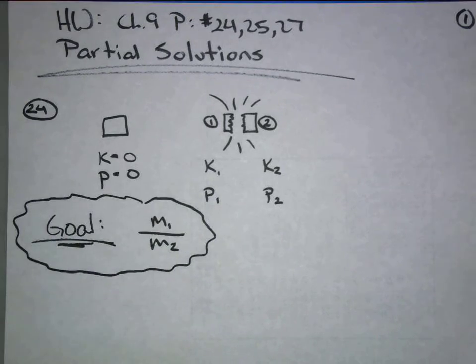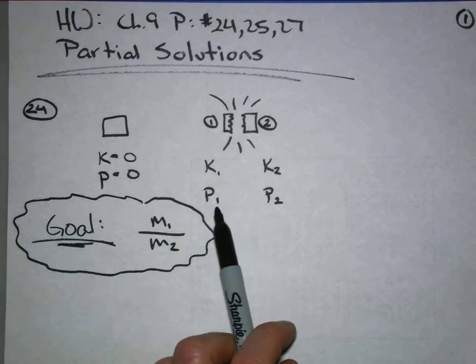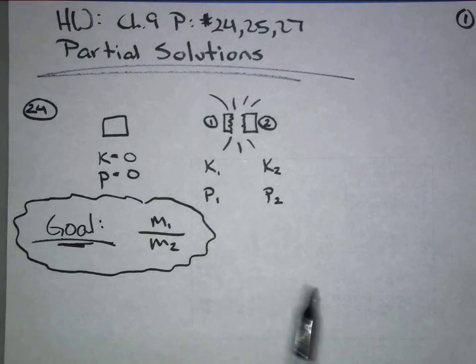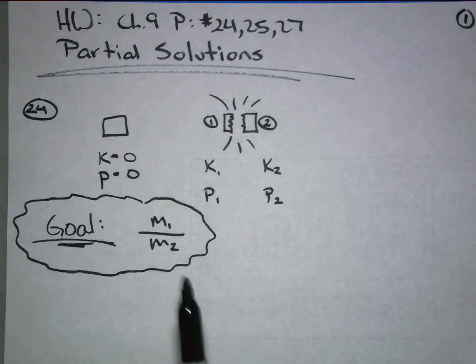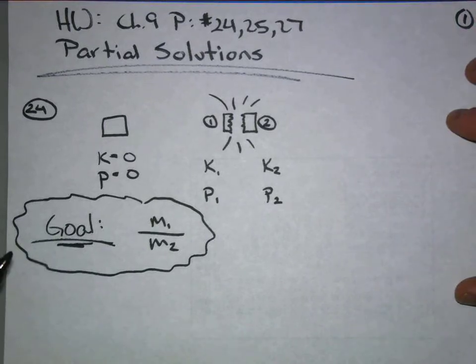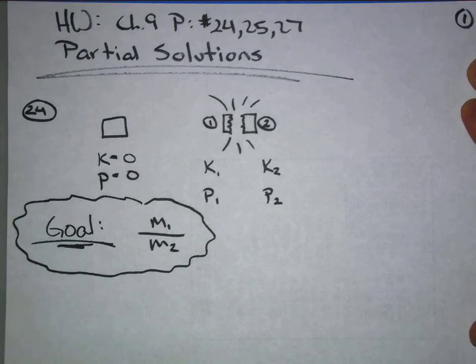That's what we're shooting for. I recognize that mass is involved in the calculation for the momentum of an object and also for the kinetic energy of an object. Velocity is also involved in both of those values, but the relationships are a little different. So I need to find a way to work back and forth between the two.